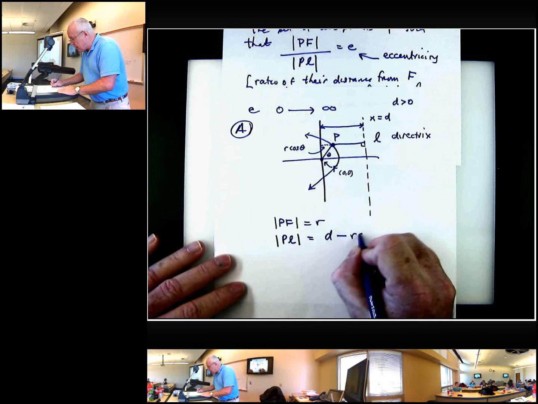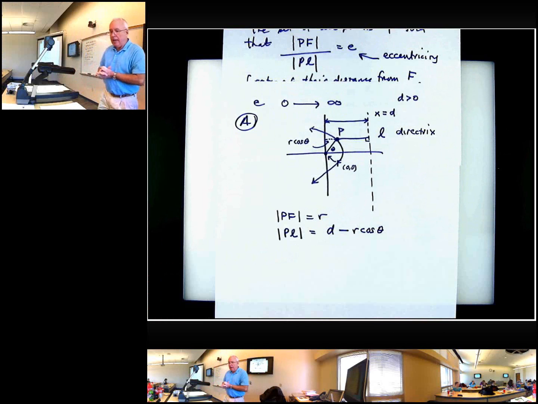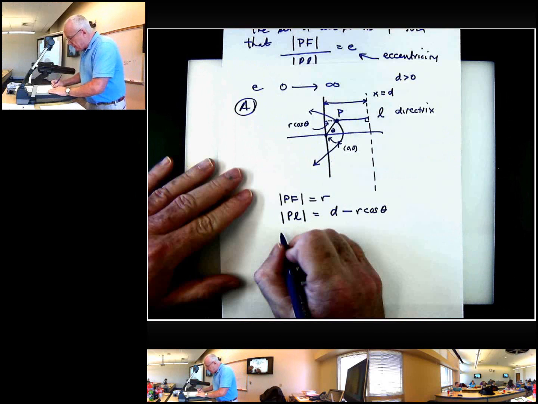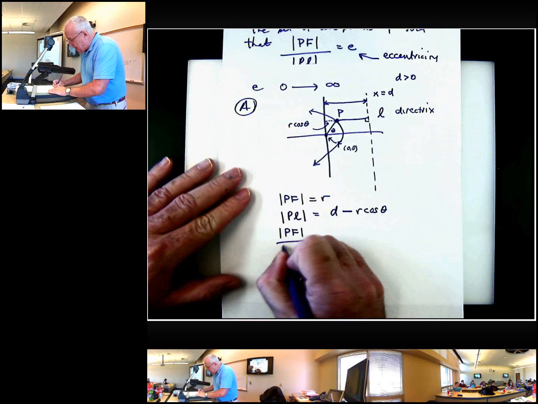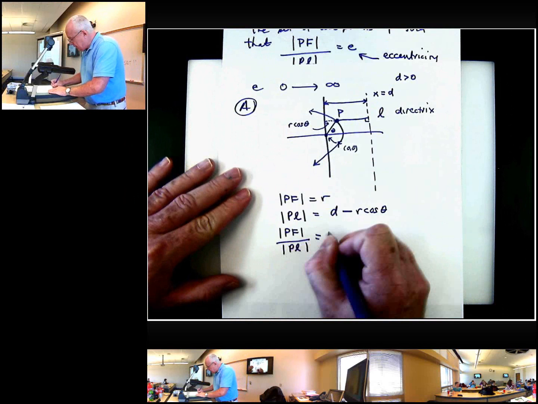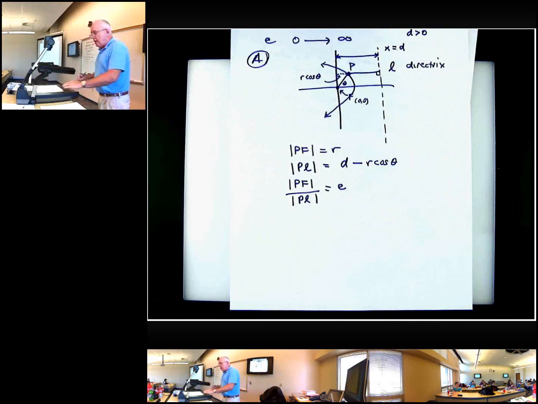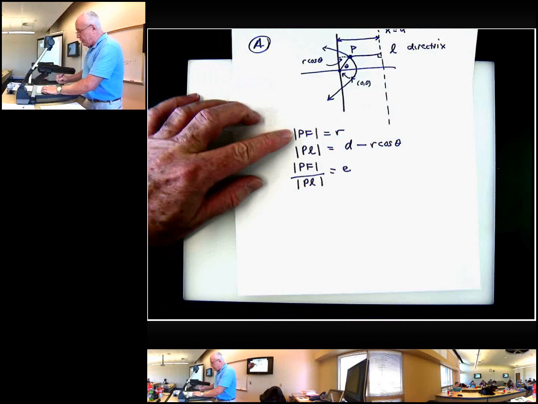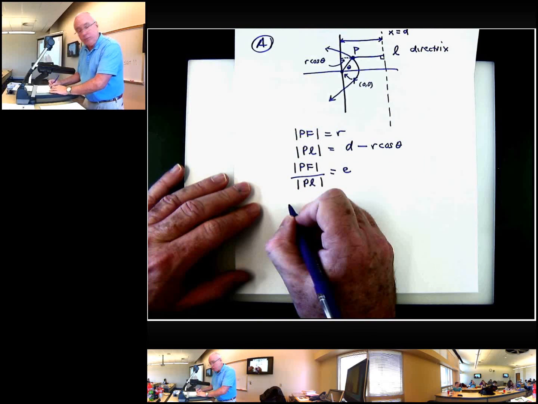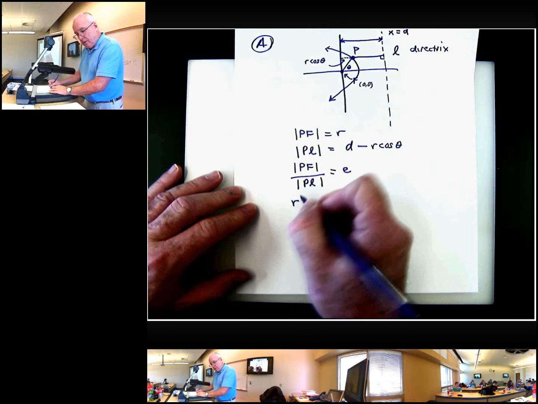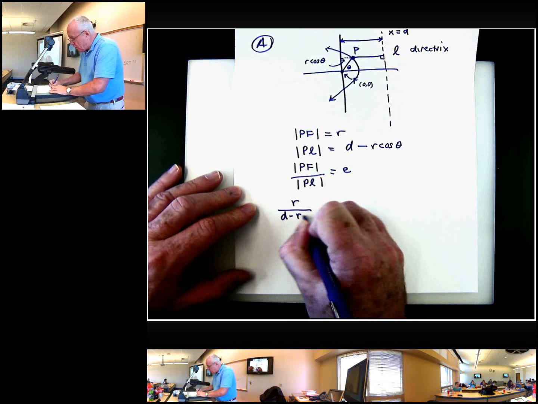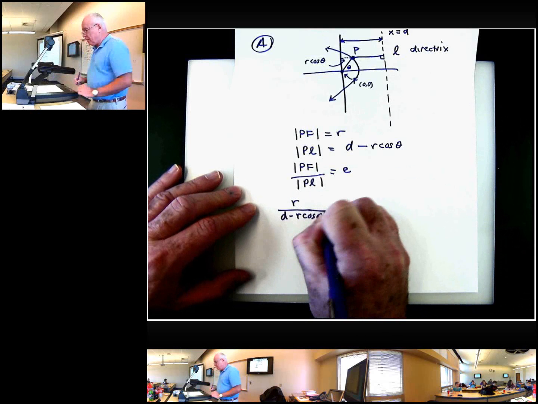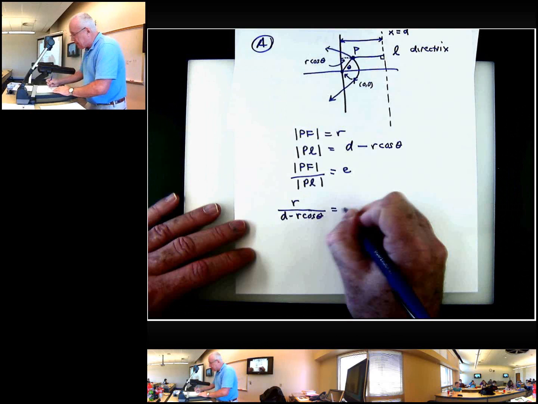And so what the theorem says is this, that PF over PL is equal to e. And so let's just substitute here. PF then is r. PL is d minus r cosine theta. And that's equal to this constant e.